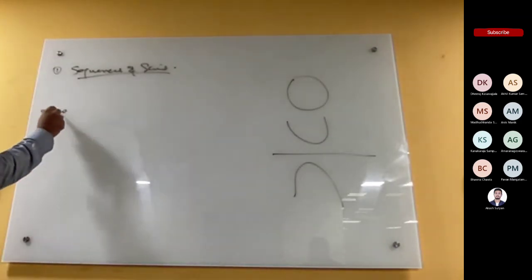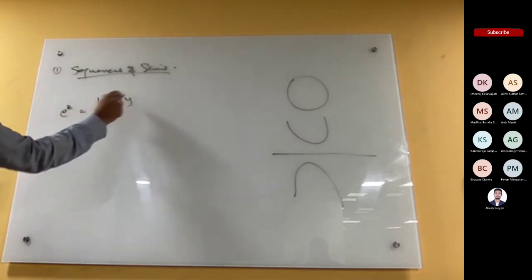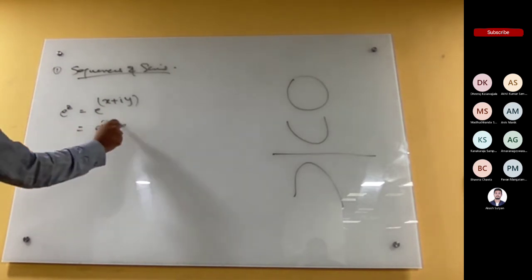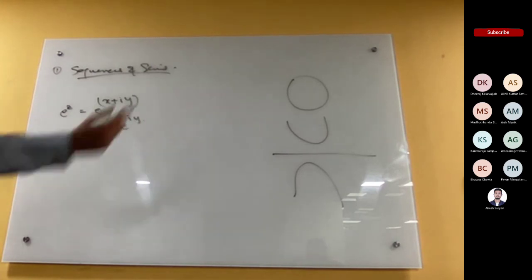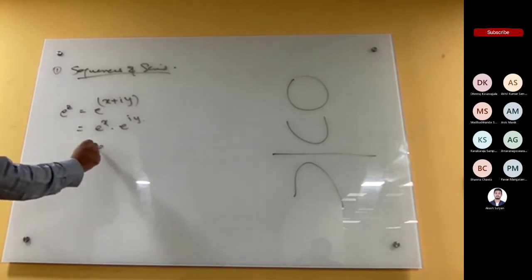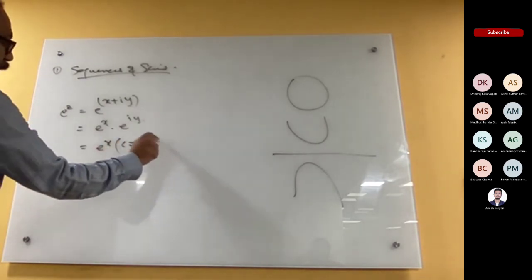If you look at e power z, it can also be written as e power x plus iy, which can be written as simply e power x into e power iy, which can be written as e power x into cos y plus i sin y, because you're just multiplying.